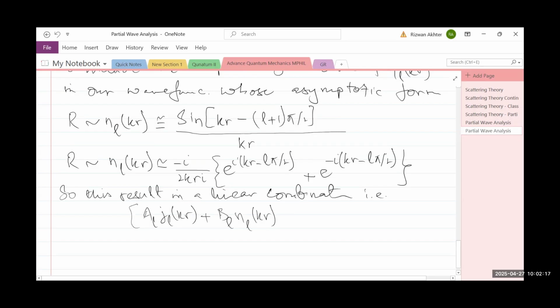So this was in fact the linear combination at the asymptotic region.